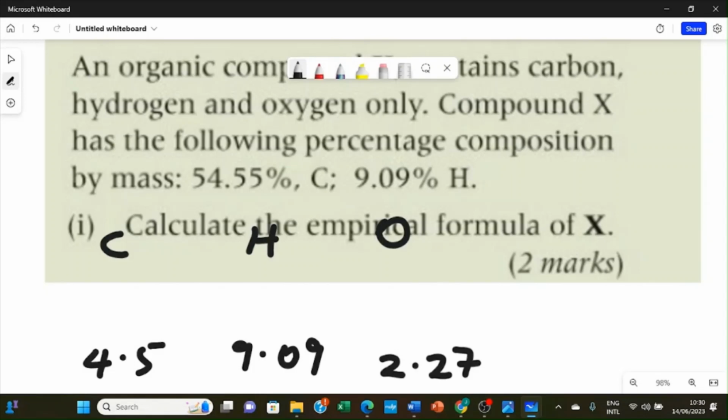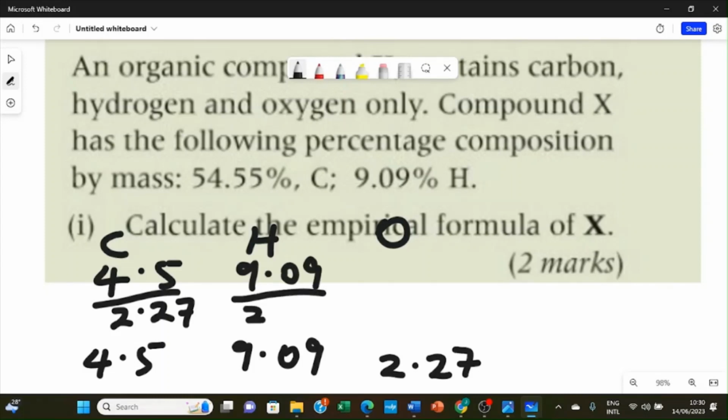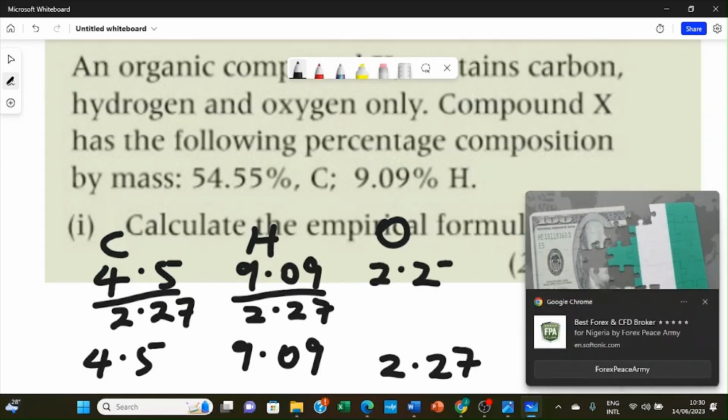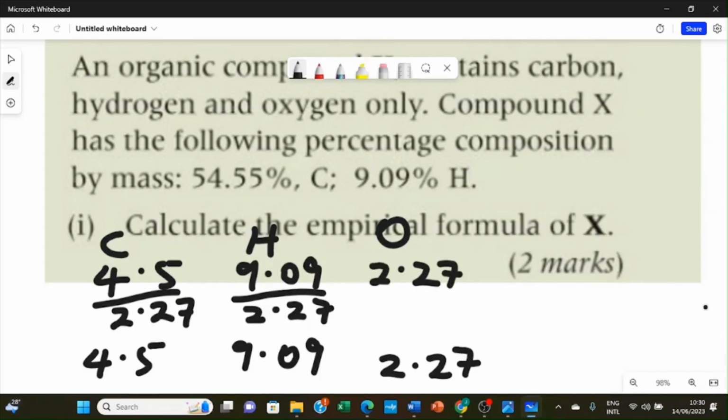So you have 4.5 divided by 2.27, 9.09 divided by 2.27, then 2.27 divided by 2.27.